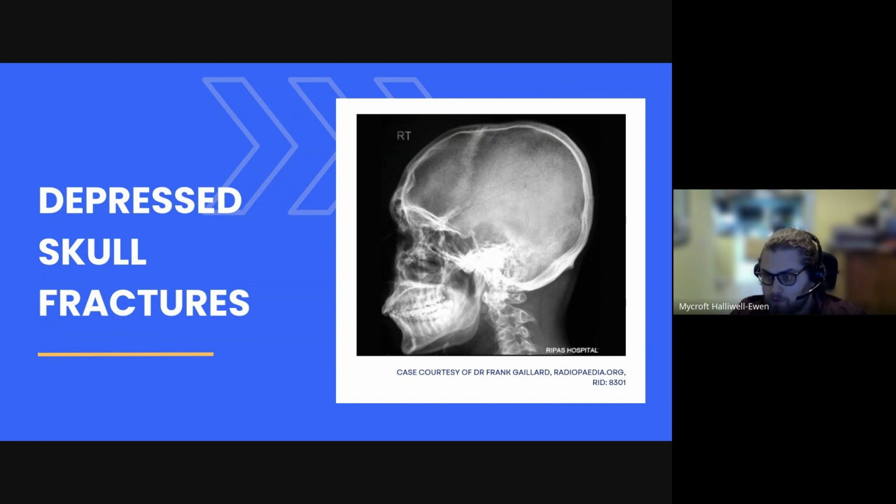The imaging is really important with these because one of the things that can sometimes happen is that the neurosurgeons fish out the bone fragments if they're depressed deep into the brain, to decompress it. But also, you can sometimes tell forensically important things about the weapon or instrument that was used by the shape of the skull fracture.